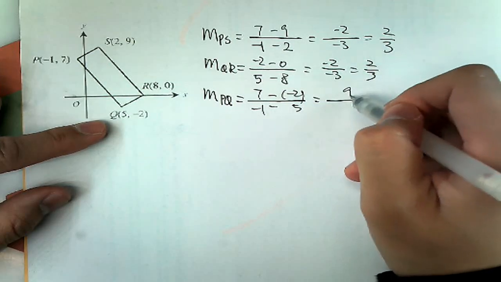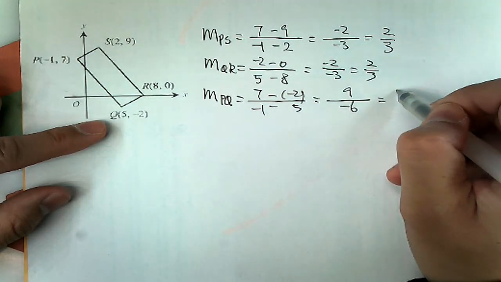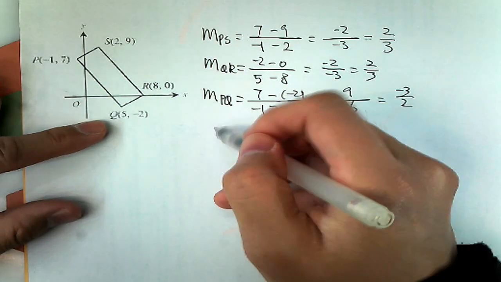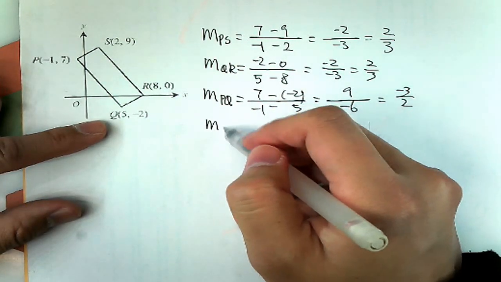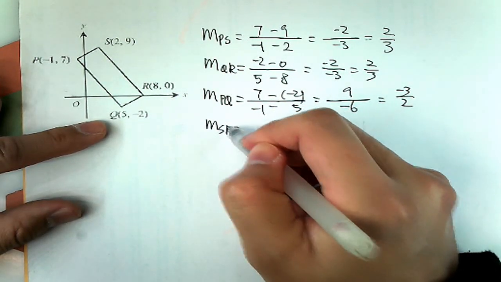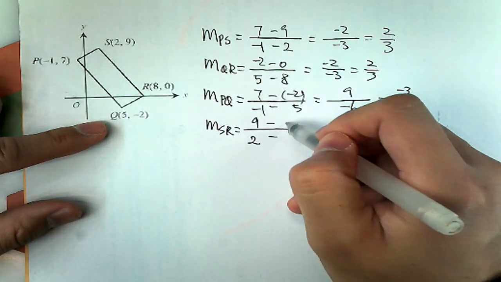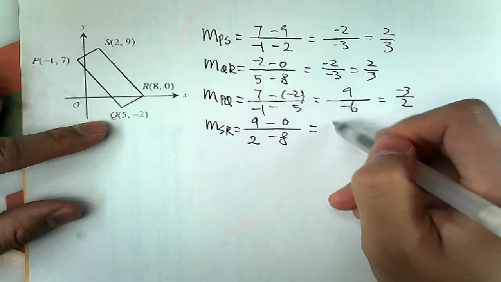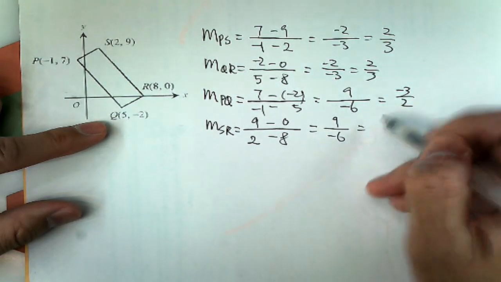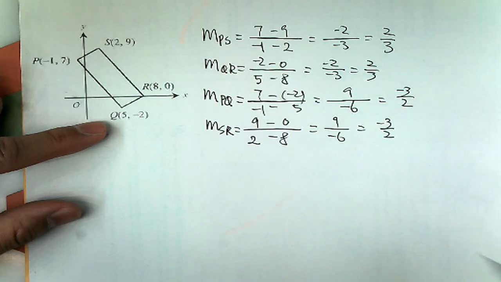So here is 9 minus 6, so it's minus 3 over 2. And then the last one, MSR, okay, 9, 2, 0, 8. So 9 is negative 6, minus 3 over 2.